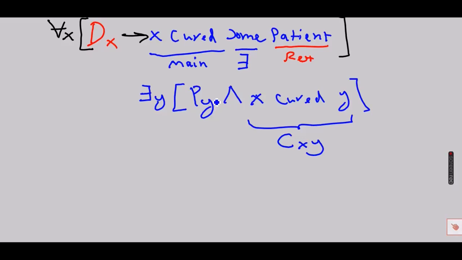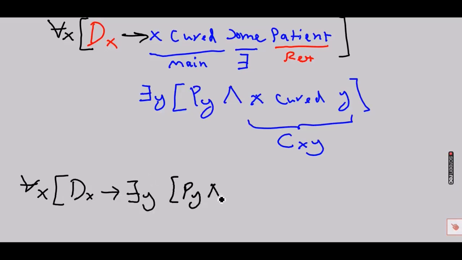Now, putting everything back into the main formula, we get this symbolization. For all x, if x is a doctor, then there is some y such that y is a patient and x cued y.